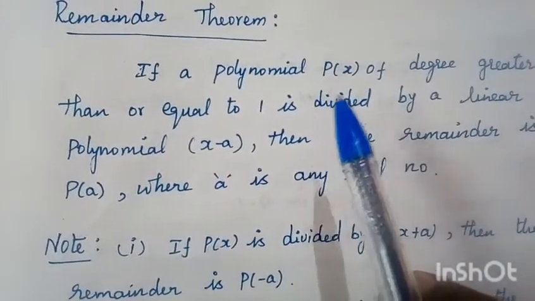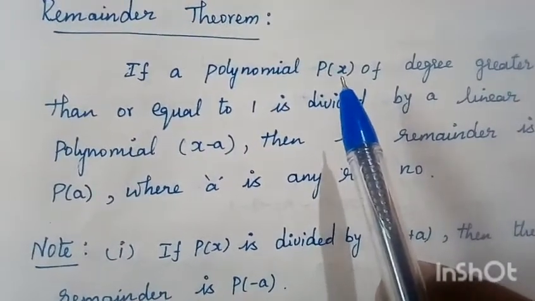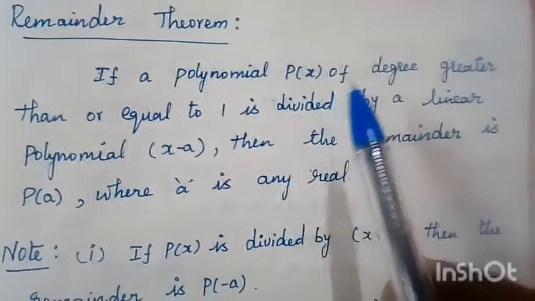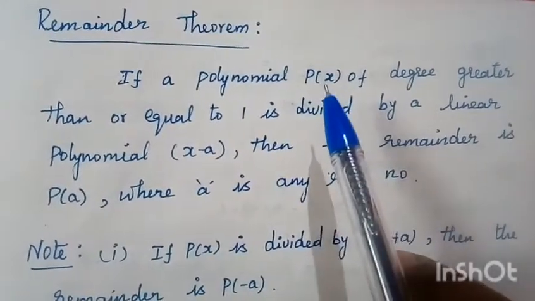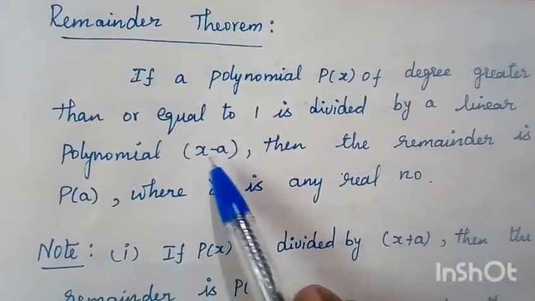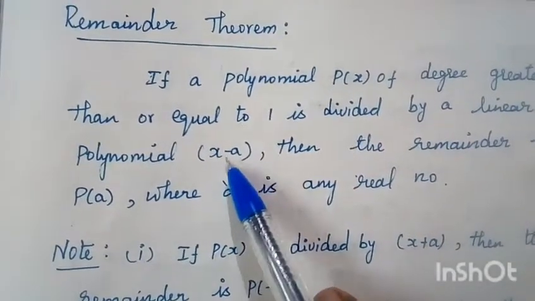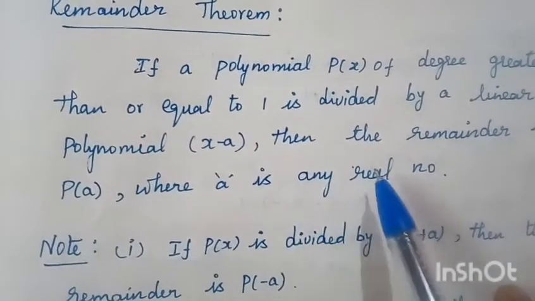In the remainder theorem we have to use two polynomials: one is p of x, and for the other you can give any name, g of x or h of x. But the degree of p of x is greater than or equal to 1, that is the highest degree, and g of x has only power 1. So in problems like this we get the remainder p of a, where a is any real number.